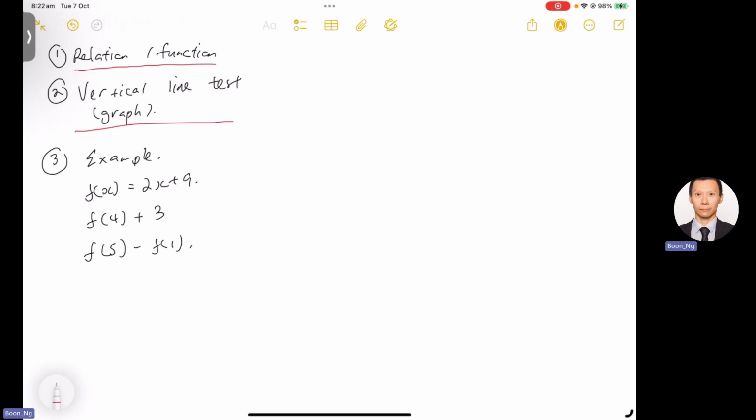So the first thing is we're going to know what is a function and what is a relation. When we are talking about a function, that means that each x corresponds to one y. So what it means is when you have something on the x, it goes out to only one y.